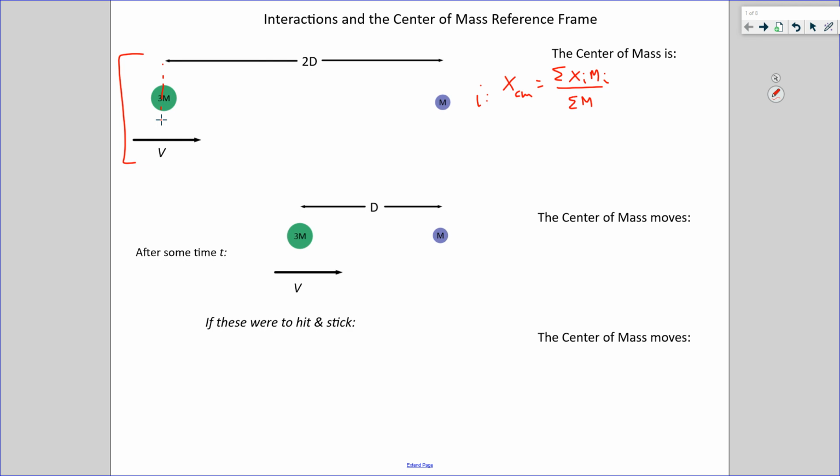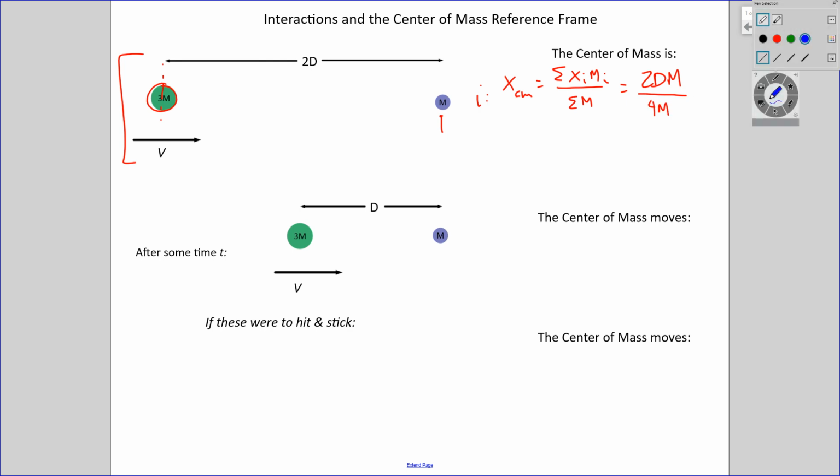So the product of the position of the 3m mass and its mass, well, the position of this 3m mass relative to our origin is 0, so that term drops out. And what we do have is this mass at position 2d. So that's all we get is 2dm over the sum of all the masses, 4m.